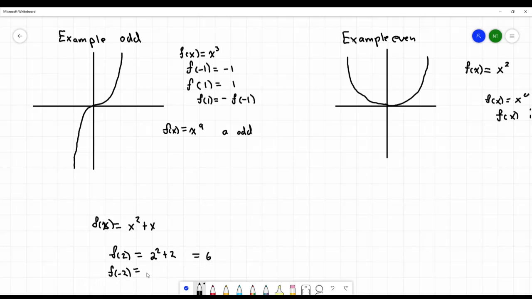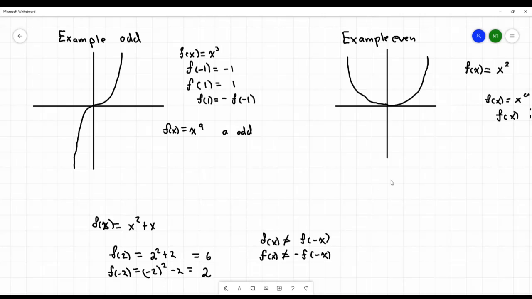This is equal to minus 2 squared minus 2, which is equal to 2, right? So you see f of x is not equal to f of minus x, and f of x is not equal to minus f of minus x. So this function is neither odd nor even. So a function could be even or odd, or it could be neither. We're going to see more problems like this, and we'll become more comfortable with the idea.